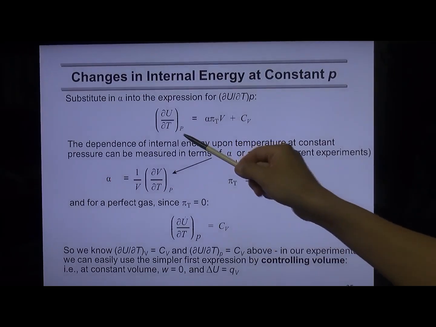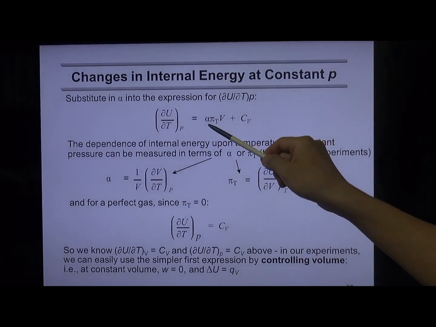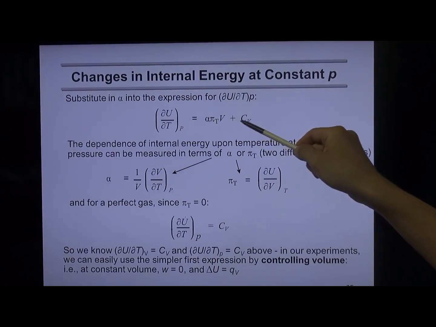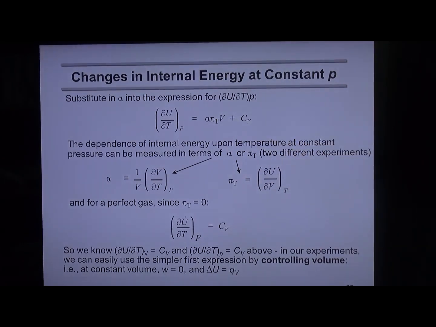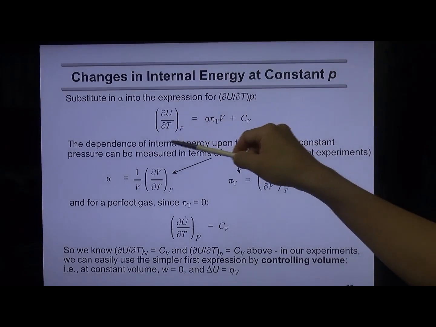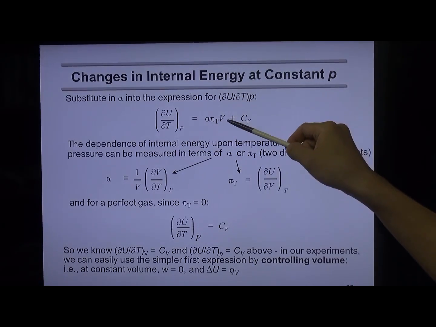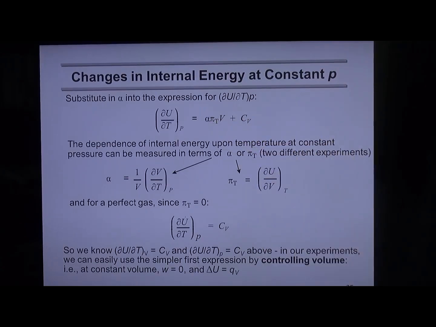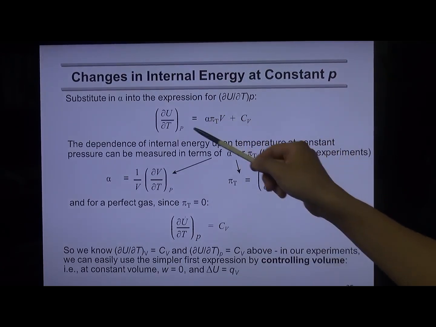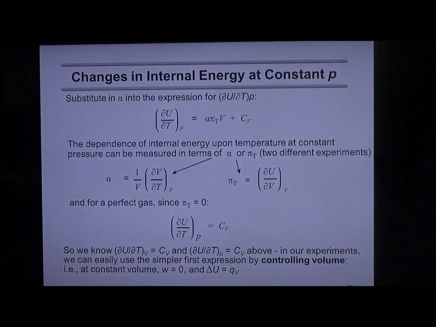Round U round T at constant pressure is equal to alpha pi_T V plus C_V. Okay, which means that you can determine this if you know this information: heat capacity, volume, internal pressure, expansion coefficient, which can be determined experimentally, right? You can easily determine this one. Okay, it's easy.